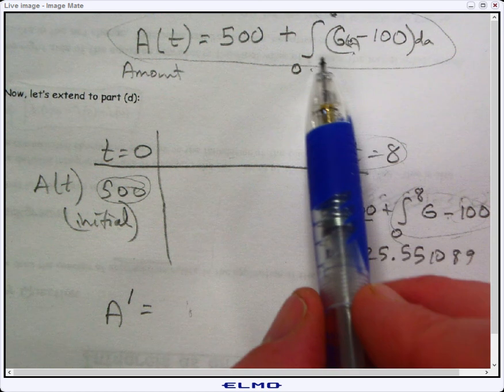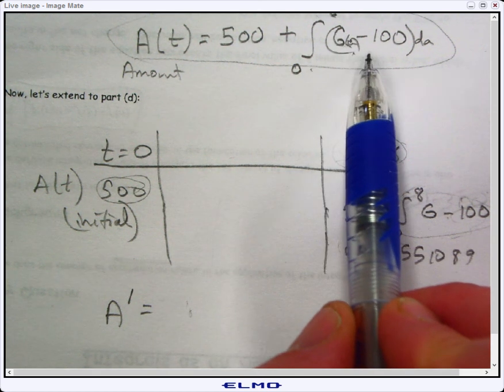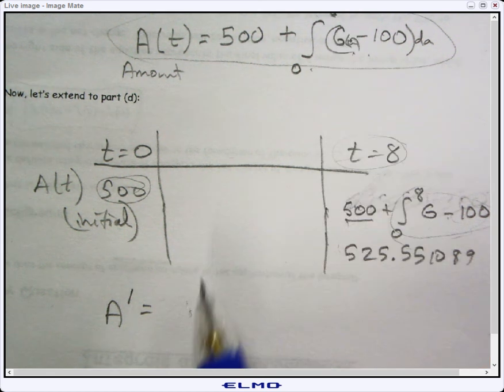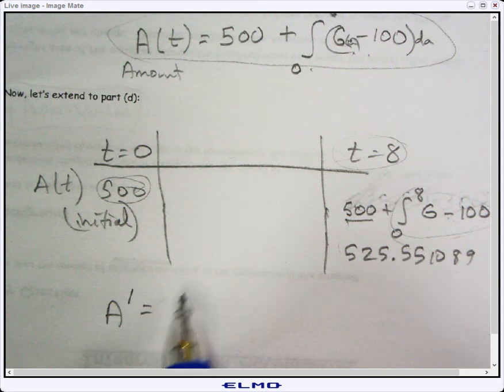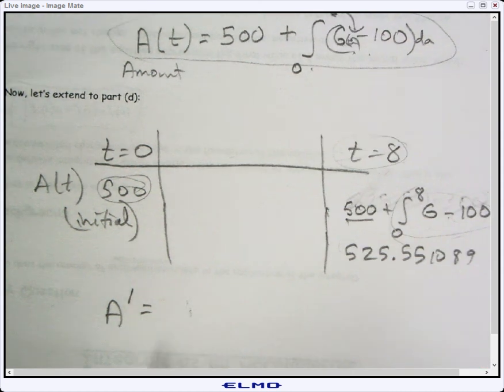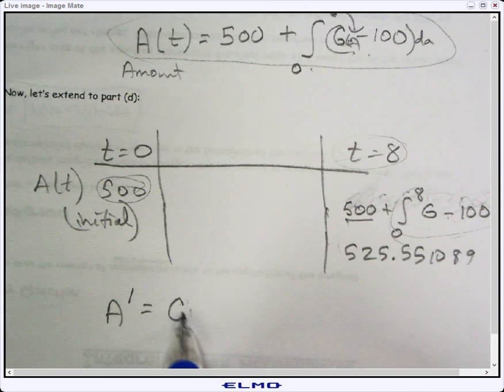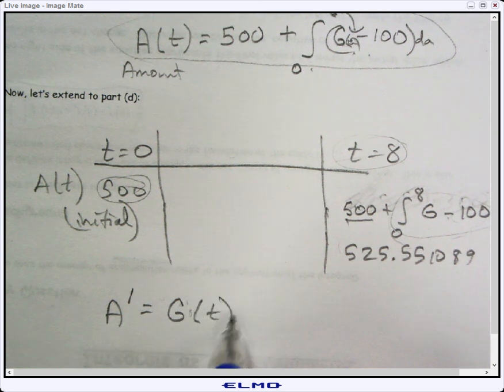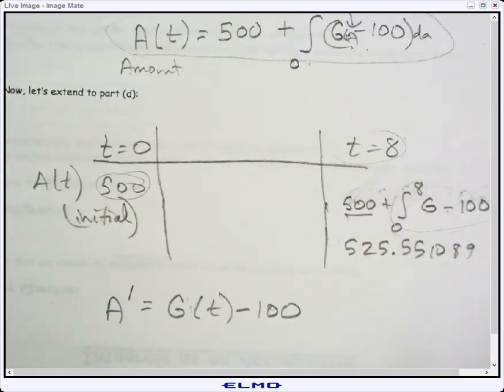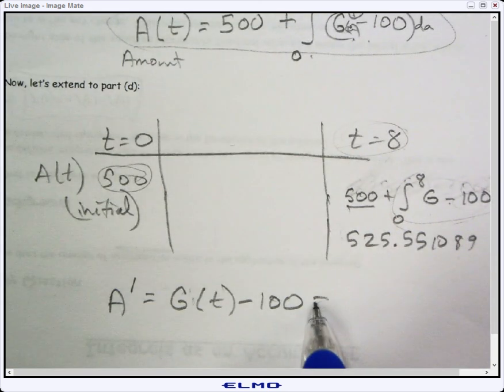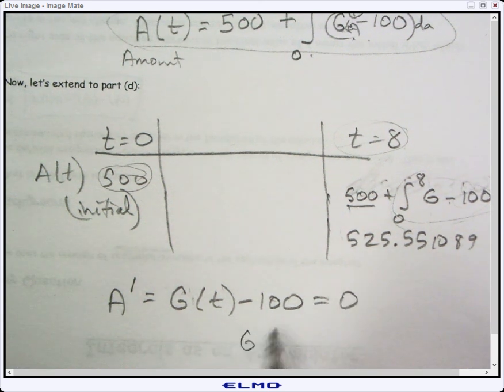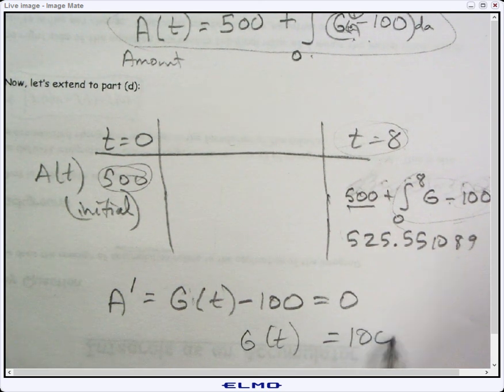In this case, basically the shortcut is you're plugging t in there when you take the derivative. So this is g of t minus 100. So the place where that derivative is 0 is when g of t equals 100.